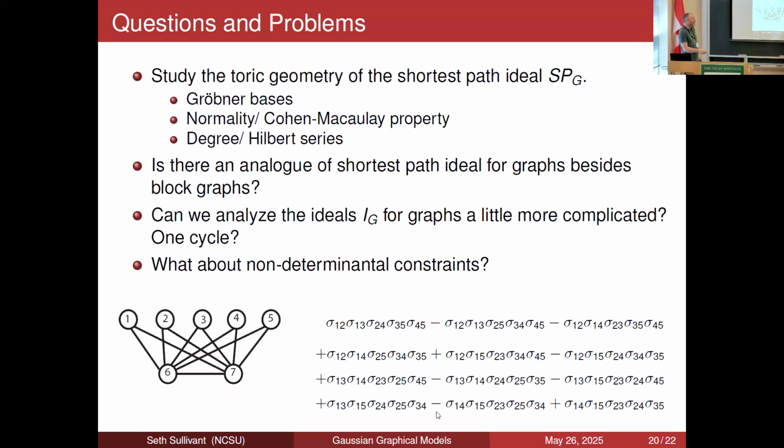It's related to determinants in some way, and it's like the sum over all 5-cycles with certain signs. So it has really interesting combinatorics. What kind of generalizations can we make? Can we understand when those sorts of things arise?